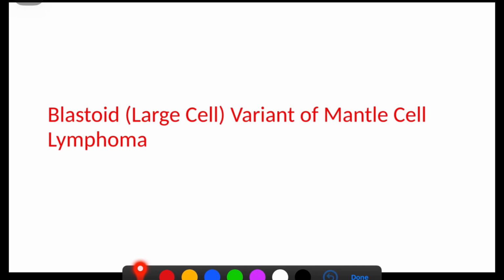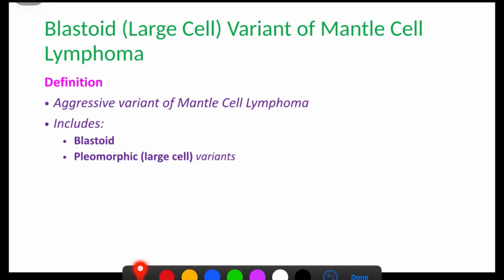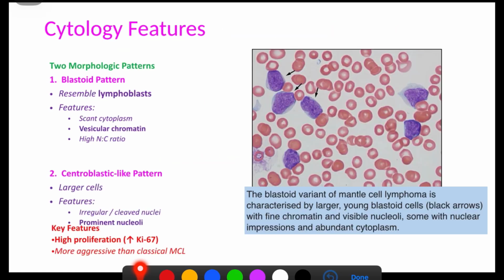The next entity is the blastoid or large cell variant of mantle cell lymphoma. By definition, it is an aggressive variant of MCL, which includes the blastoid variant and the pleomorphic or large cell variant. The blastoid variant resembles lymphoblasts, with scant cytoplasm, vesicular chromatin and high N:C ratio.